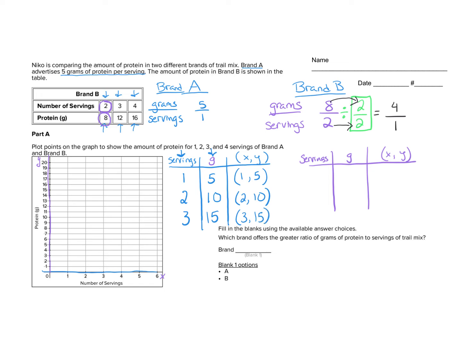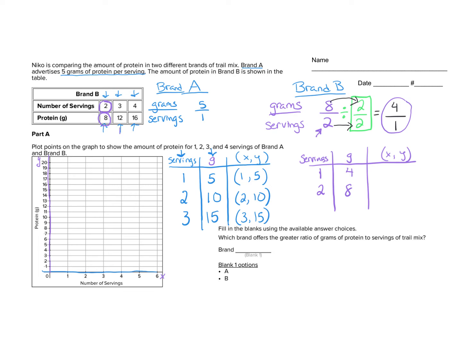Now I'm going to use my chart for brand B. And in brand B, I'm going to start with this ratio we found that was comparing how many grams of protein there were in one serving. So one serving in brand B gave us 4 grams of protein. 2 servings, we had that in this ratio, gave us 8 grams.